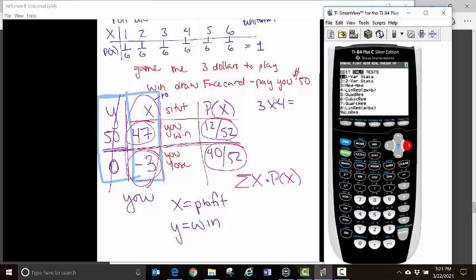Stat, calculate, 1-variable stats, list 1, comma, list 2. And my average is 8.54.